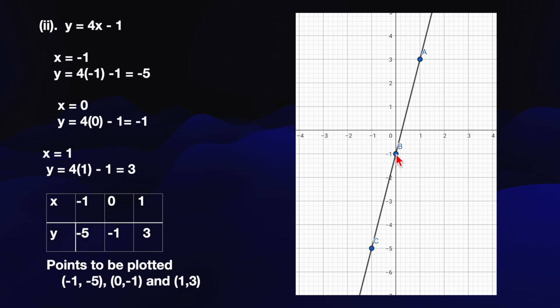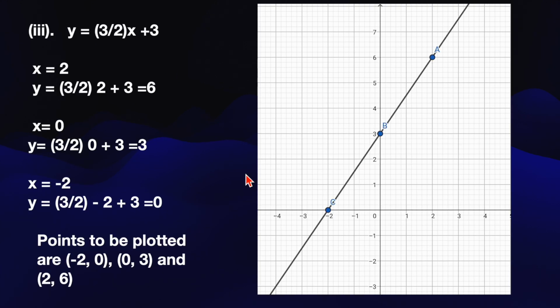So this is the point. Then (1, 3): the x coordinate is 1, draw a line like this, the y coordinate is 3. So here is the point. We have plotted the 3 points. Join them and you get this line as the graph of y = 4x - 1.